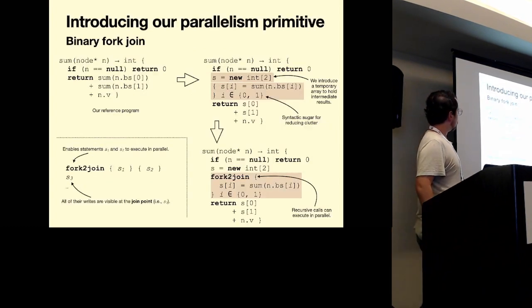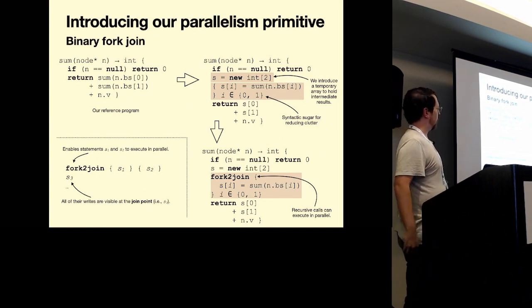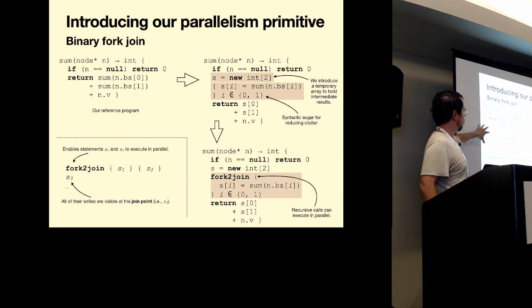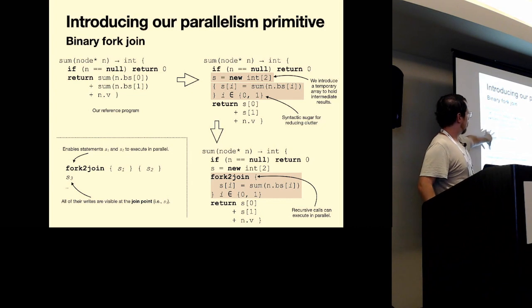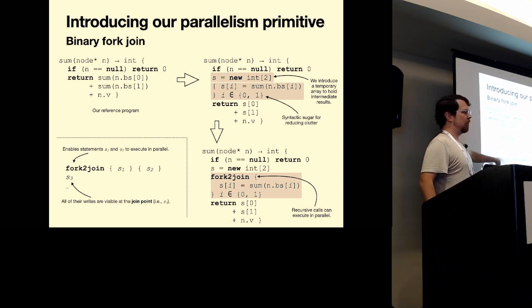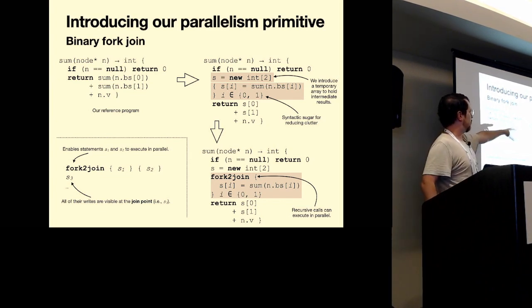So to get started, let's just do the simplest kind of parallel transform we can do with the tools that are readily available. First, we'll take our source program, and just for notational reasons, we're going to allocate space for the results of the two recursive calls.